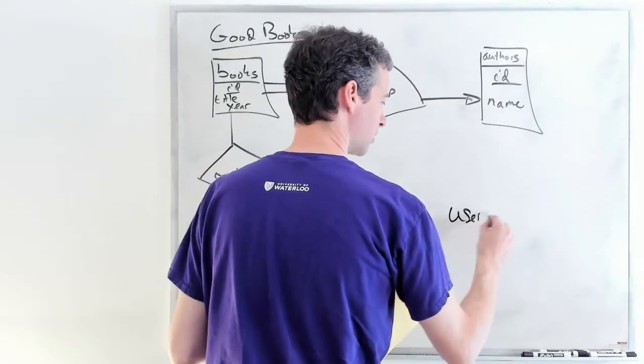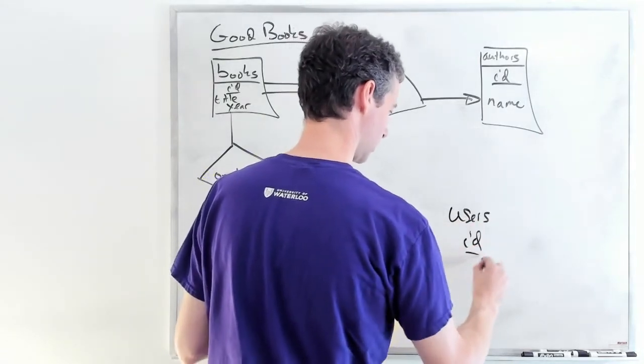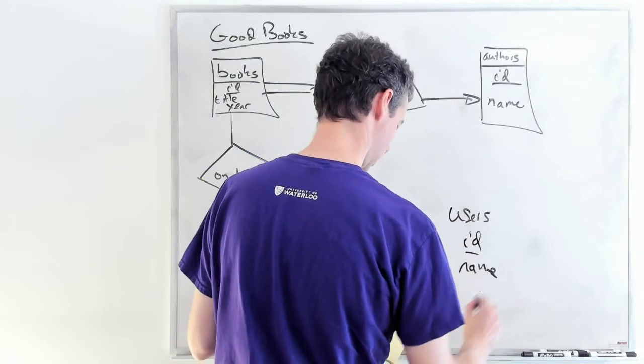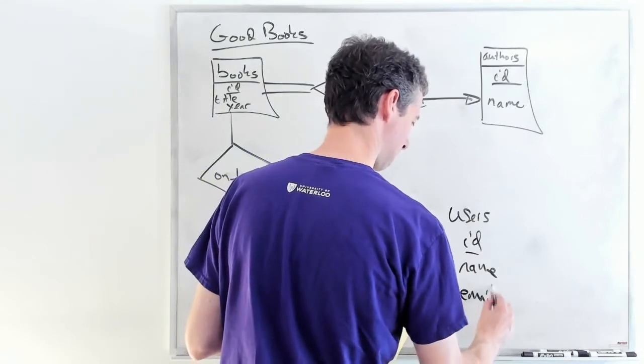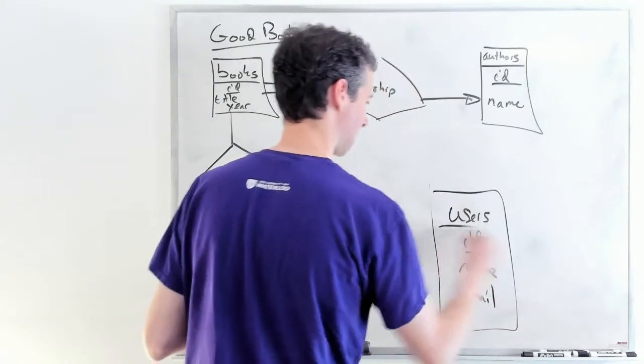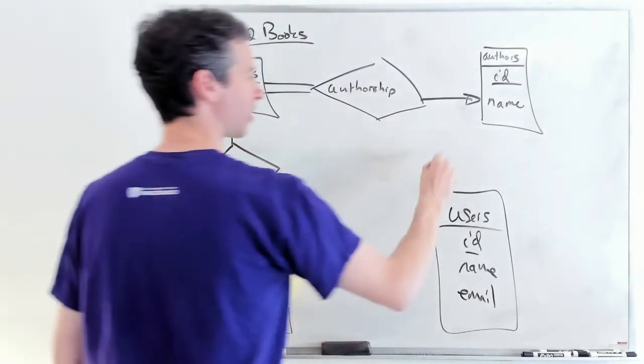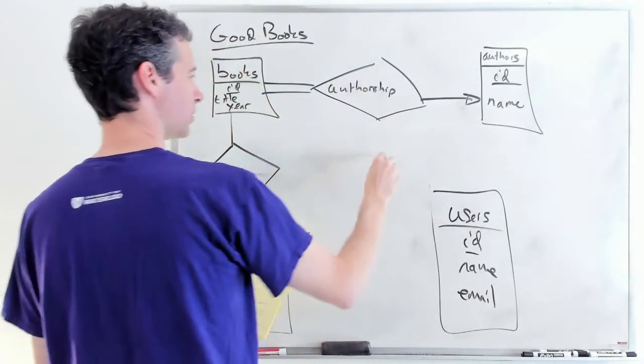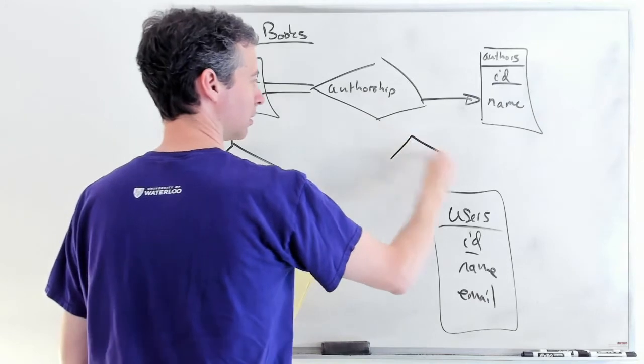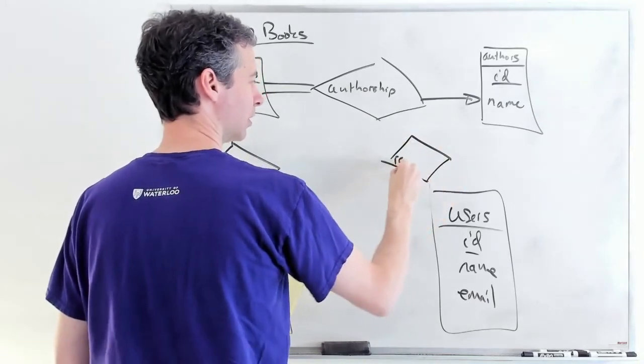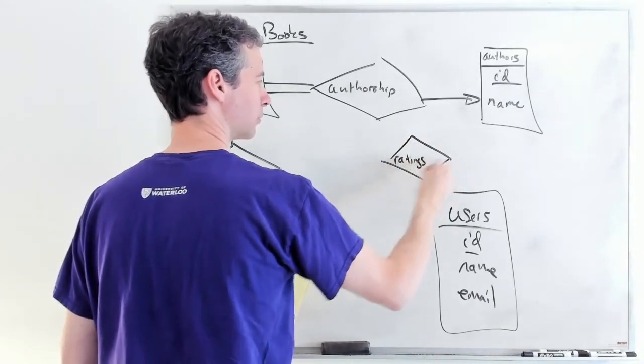We would design our system so that it had some users, and each user has a name and an email. All right. And we were going to have them so that they could rate books. So they're going to have ratings.